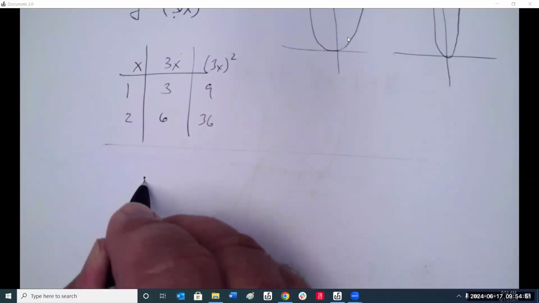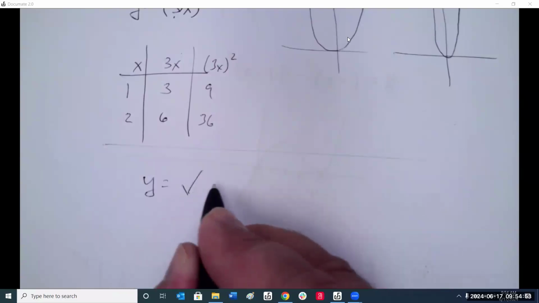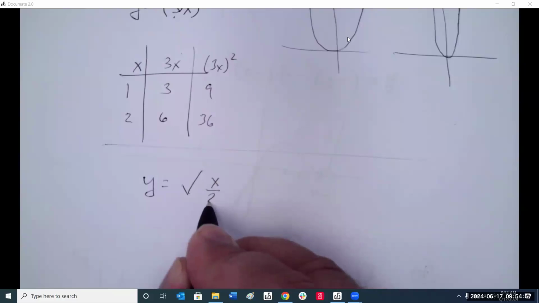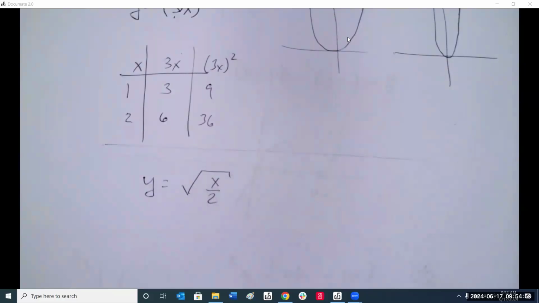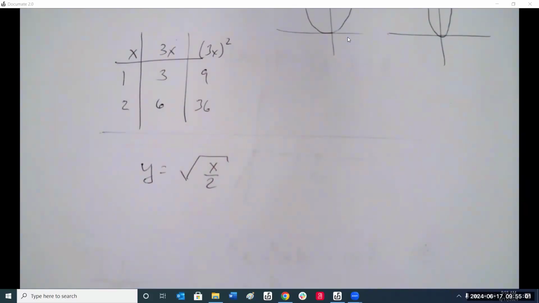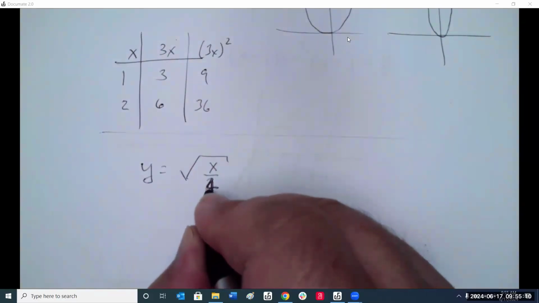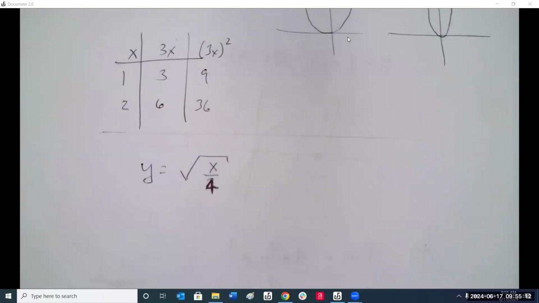If we had that function, let's make it a 4 instead, make it easier. So what's going to happen here? Is it a shrink or stretch?